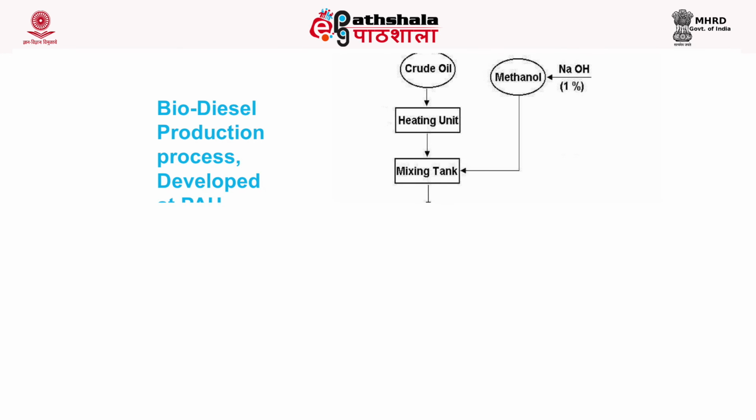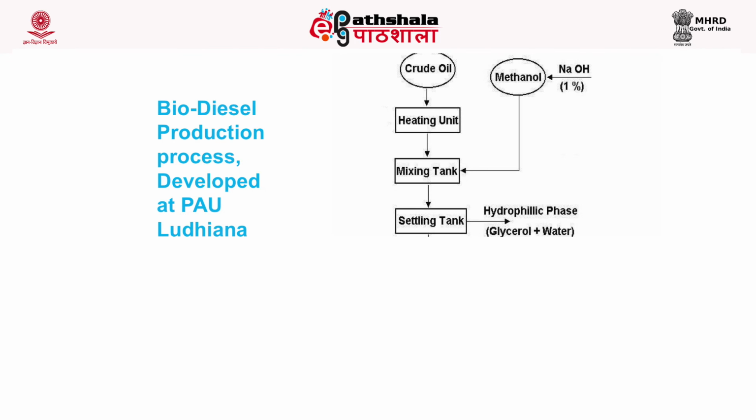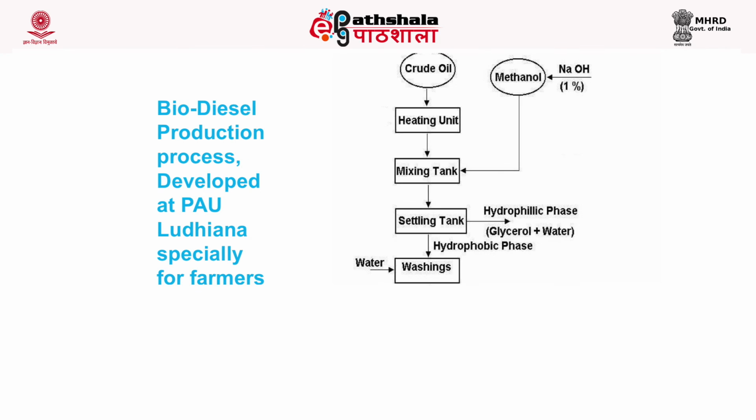Now, during this settling period, the reaction takes place where the oil is converted into biodiesel and two layers are formed. One is the hydrophilic layer, which contains glycerol and water, and the other is the hydrophobic phase, which contains methanol and biodiesel.